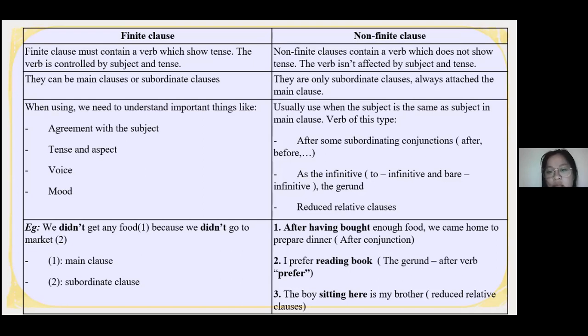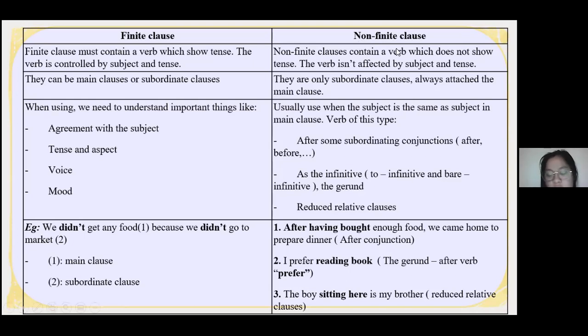So verbs of this type: the first is after some subordinating conjunction such as after or before. The second, these verbs are formed as an infinitive or the gerund. And another one is they are formed as a reduced relative clause.